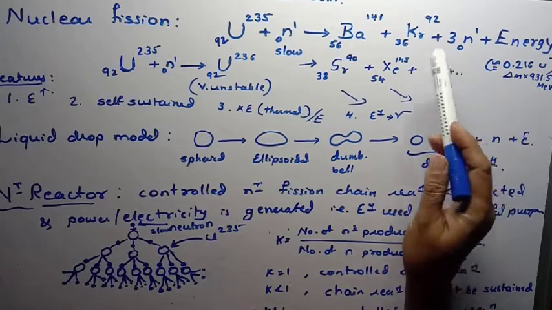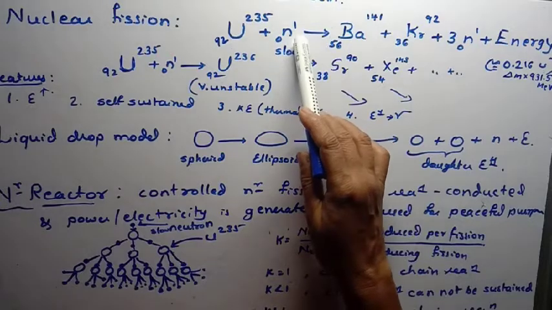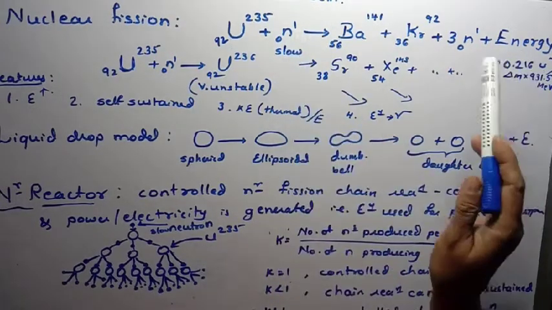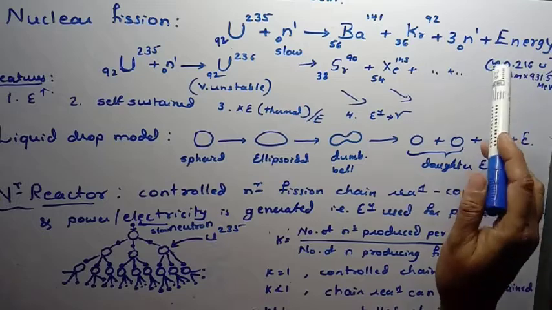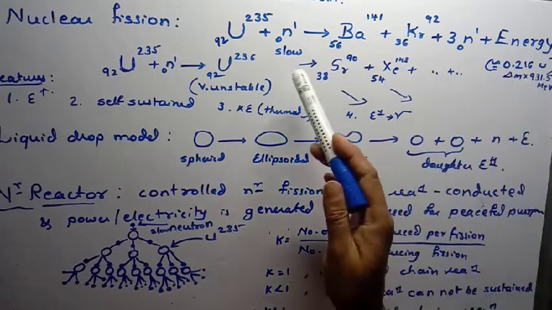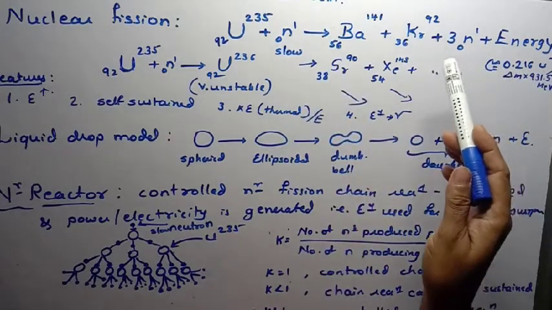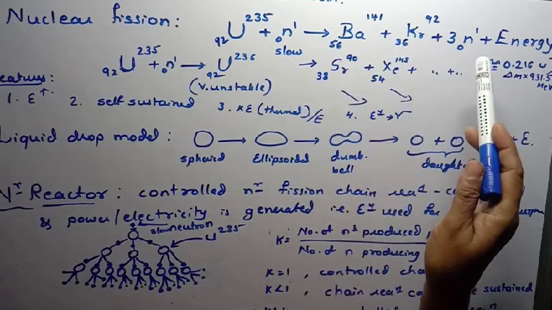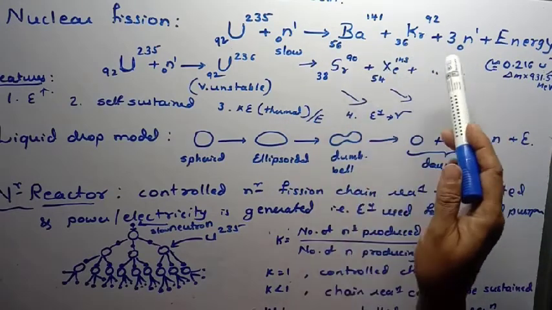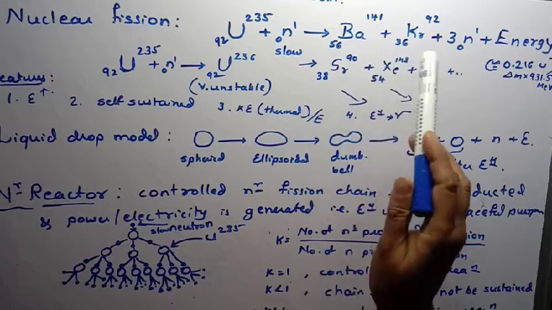And see, in the first step, only one neutron is bombarded. In the second step, three more are liberated, and in the third step, nine more are liberated, and all this will happen within a fraction of a second. So the reaction is very fast, and it is a continuous reaction, and a self-sustained reaction.